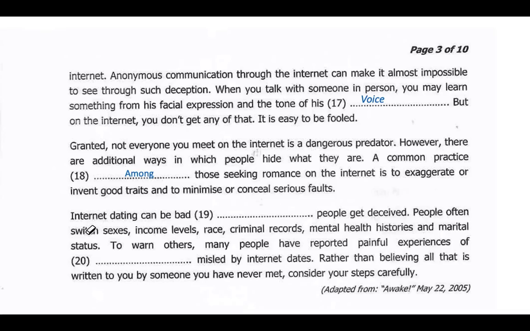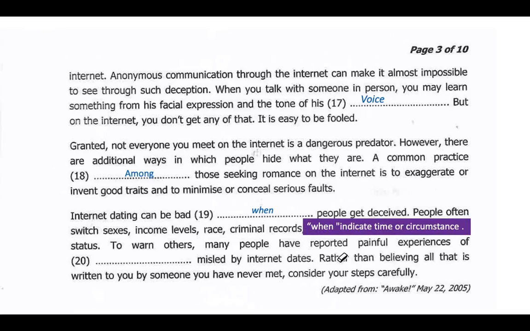So let's now read through and then apply the appropriate word. Internet dating can be bad dash people get deceived. So we can say internet dating can be bad when people get deceived. So the word which I will apply there is when. It is not bad if someone has not yet experienced it, but when he has experienced it, that's when it can be bad.